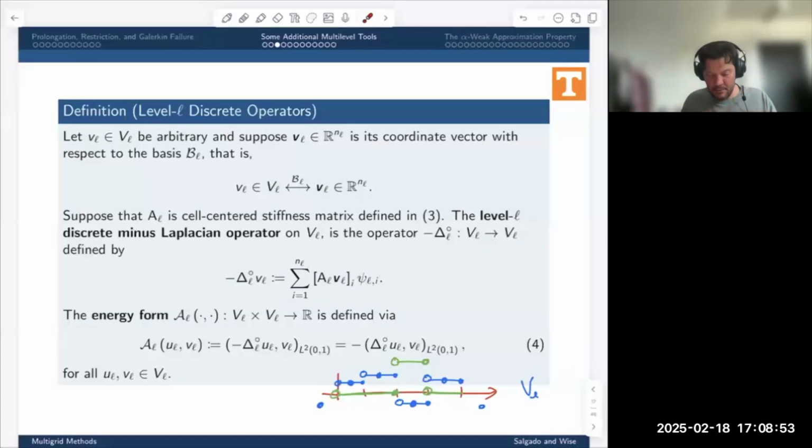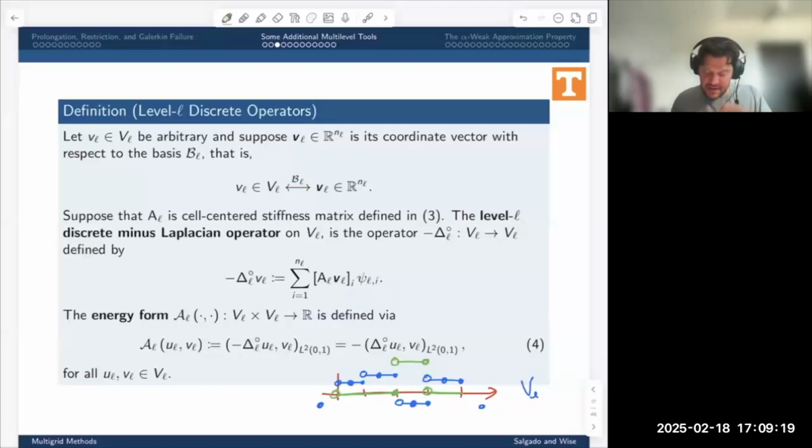Does everyone agree? That's what I'm doing here. Well, all I have to do, and all I'm going to do, is tell you basically what its expansion is in the standard basis functions from BL.